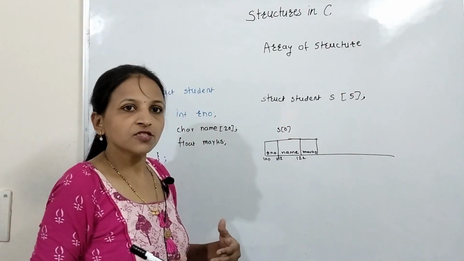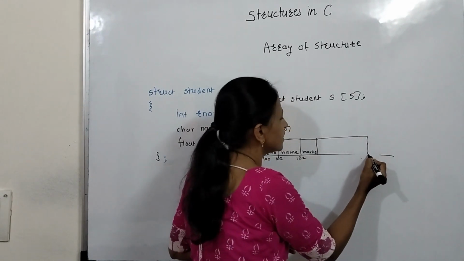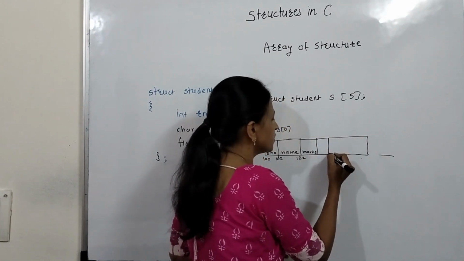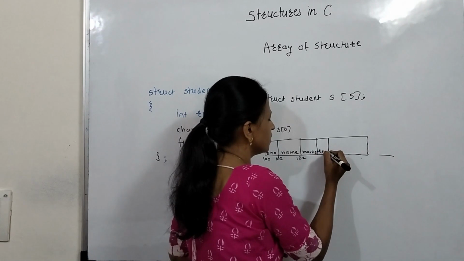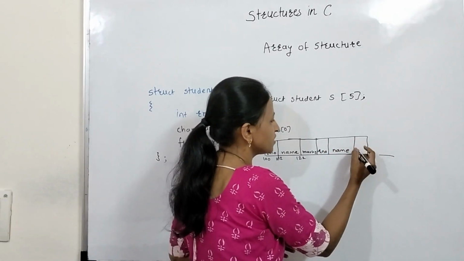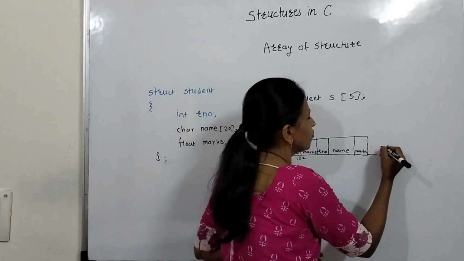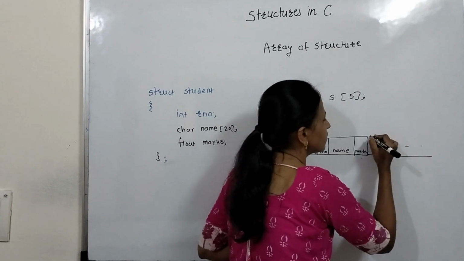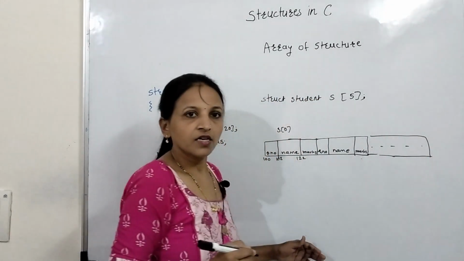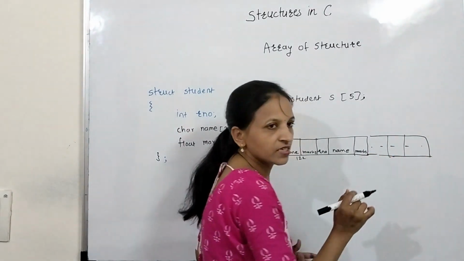For S of 1, again 26 bytes will get allocated, the next 26 bytes. First 2 for roll number, next 20 for name, and 4 bytes for marks. In this way, for all 5 elements the memory will get allocated. Then next 26, next 26, next 26.